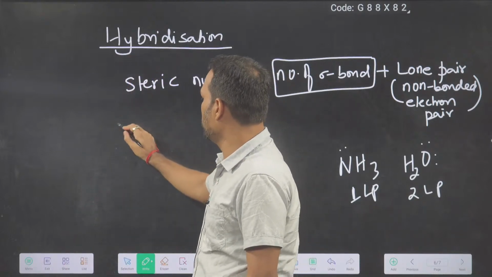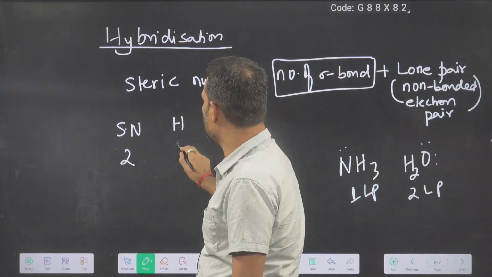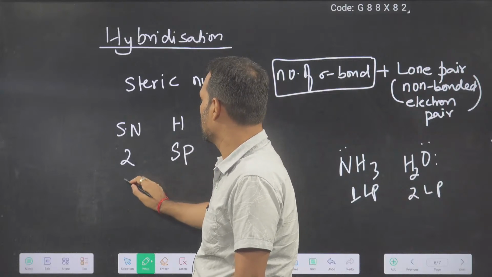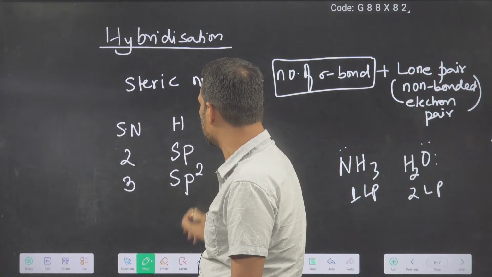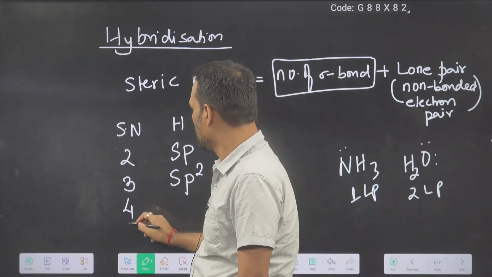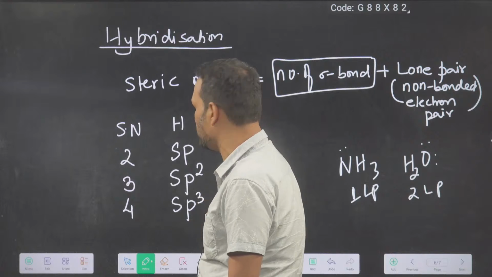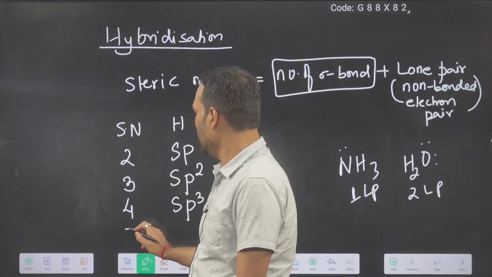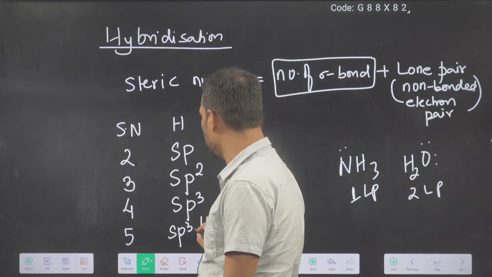So steric number, see, if steric number is 2, hybridization is sp. If steric number is 3, hybridization is sp2. If steric number is 4, hybridization is sp3. If steric number is 5, hybridization is sp3d.